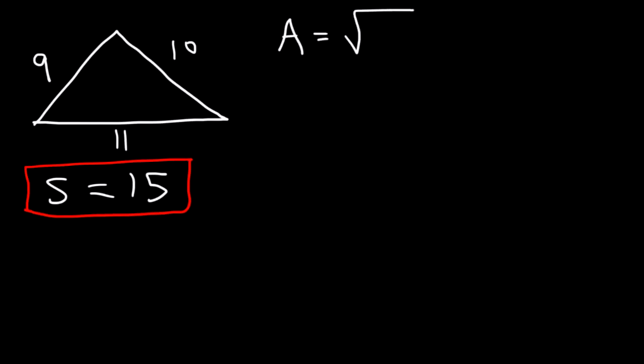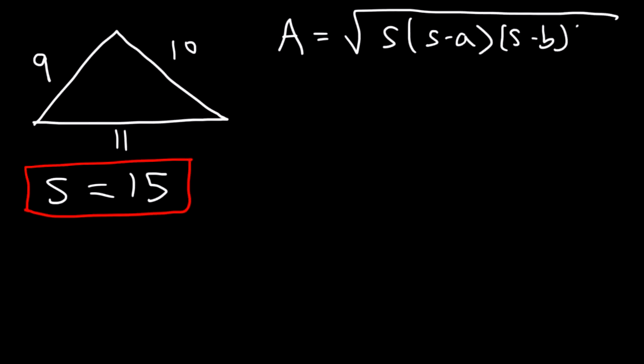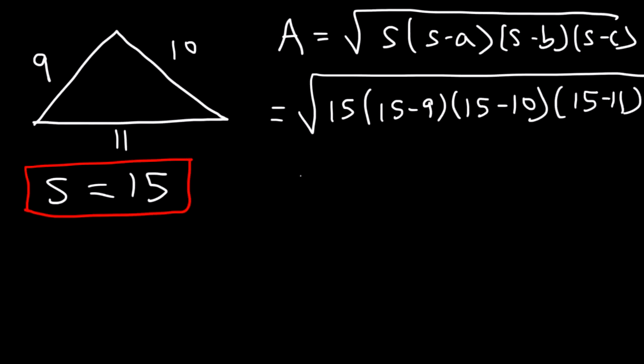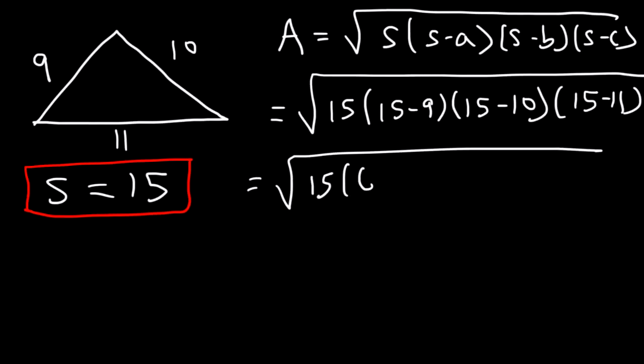It's the square root of s times s minus a times s minus b times s minus c. s is 15, so it's 15 minus 9 times 15 minus 10 times 15 minus 11. 15 minus 9 is 6, 15 minus 10 is 5, 15 minus 11 is 4.